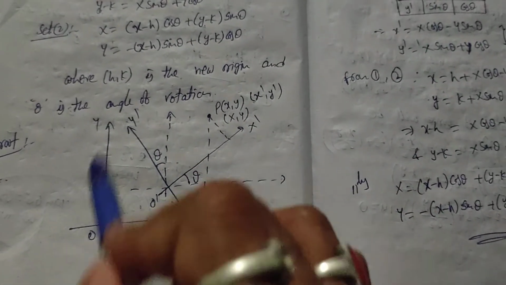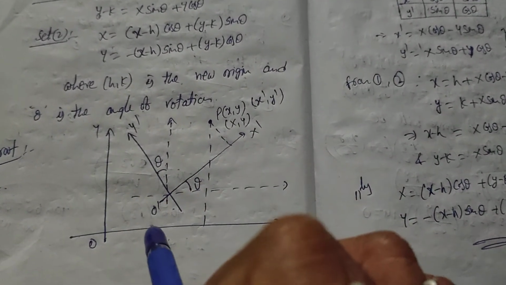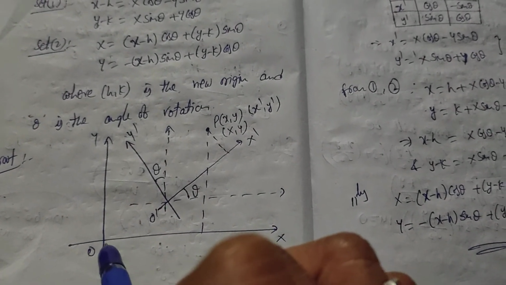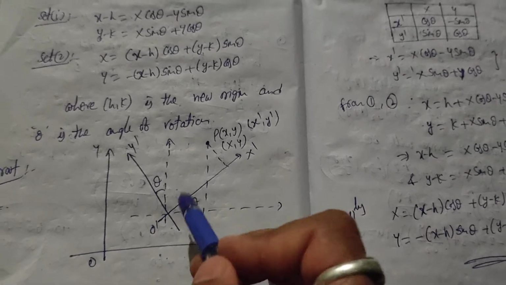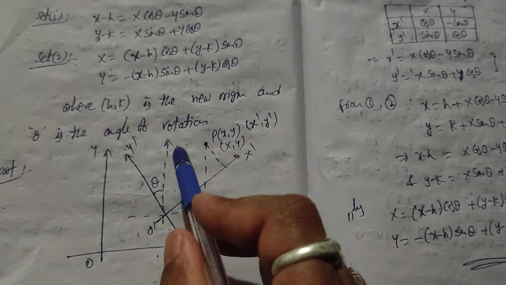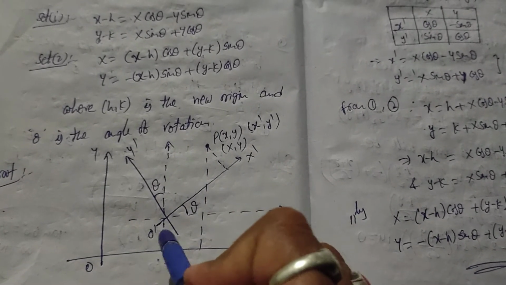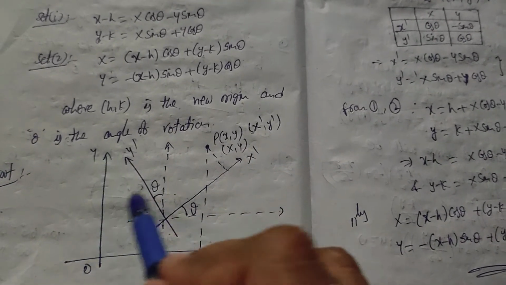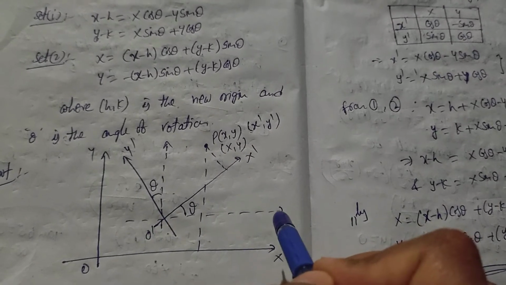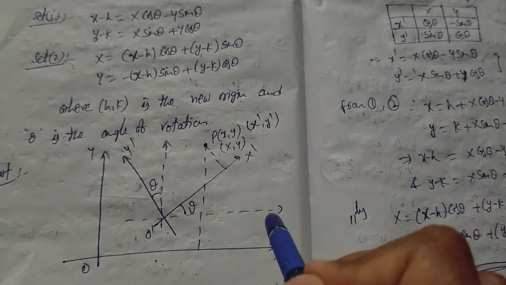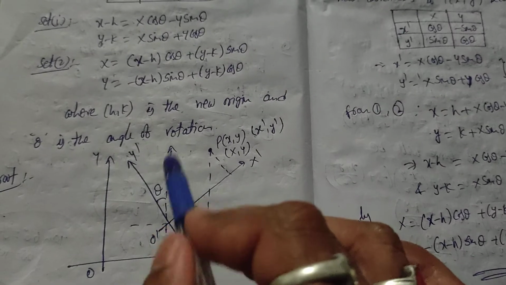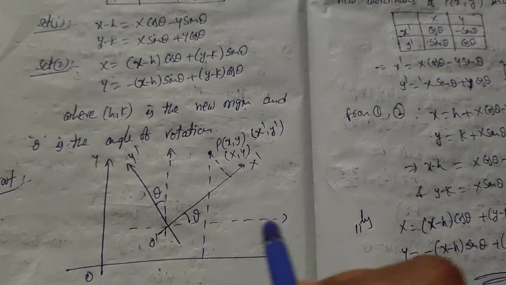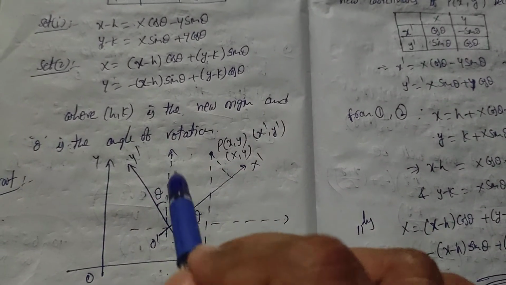Okay, so the proof of this one is: take the x and y coordinate axes. This is the original coordinate axis. If you shift this origin to this point O dash without rotation, the coordinate axes x and y become these two lines, and these are parallel to the original ones.